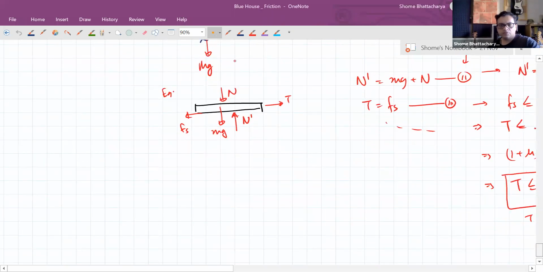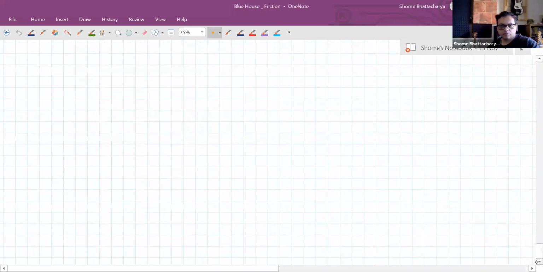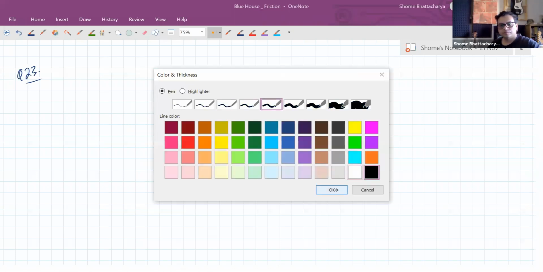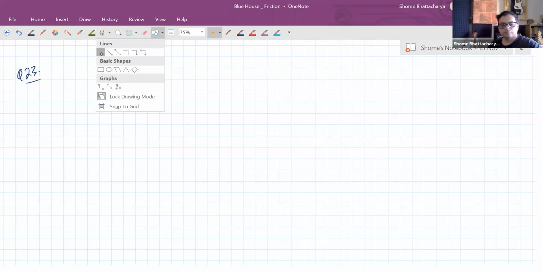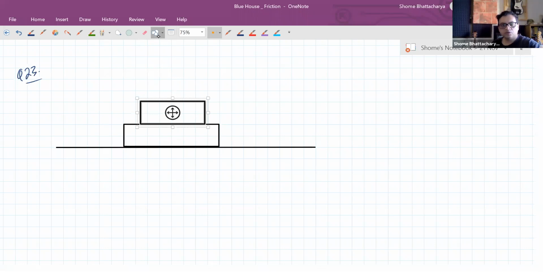I'm going to start the 23rd question. Let's come to that. I'm going to do one part of the question where we are applying the force on the lowest block. On the smooth horizontal ground, we have the 7 kg block, then the 3 kg block, then the 2 kg block finally.